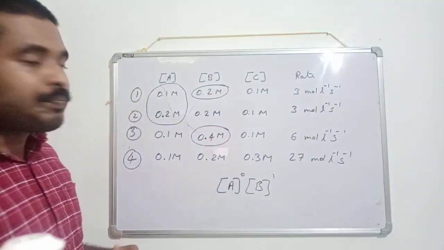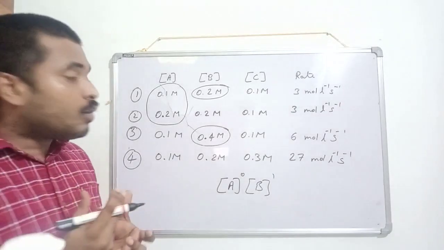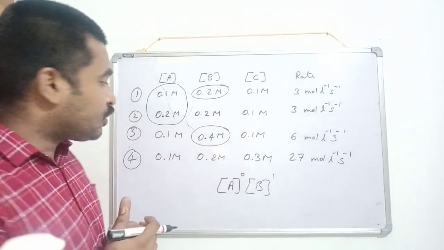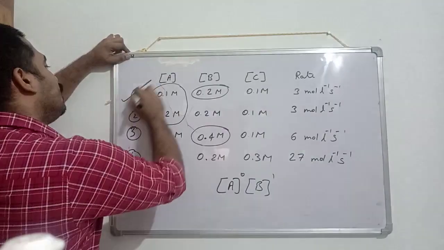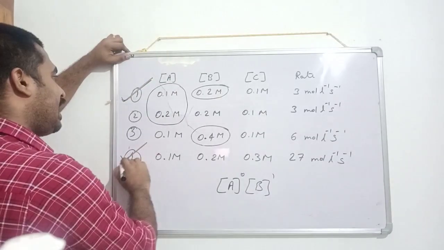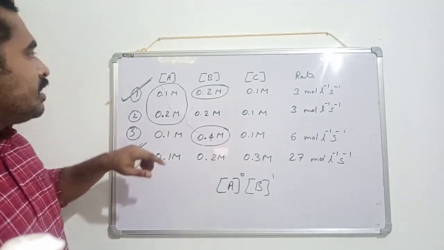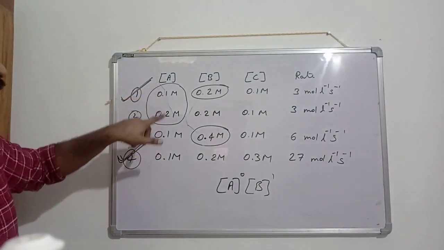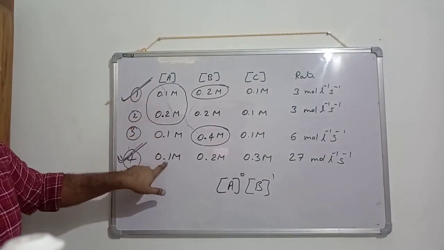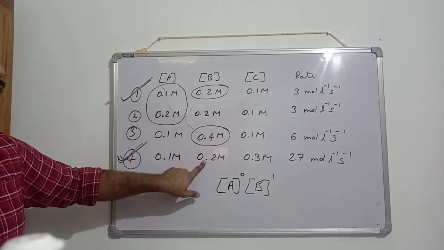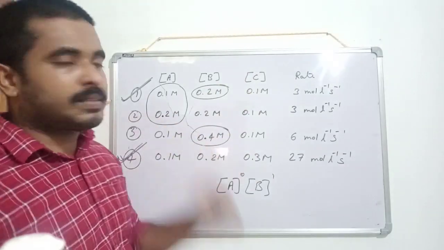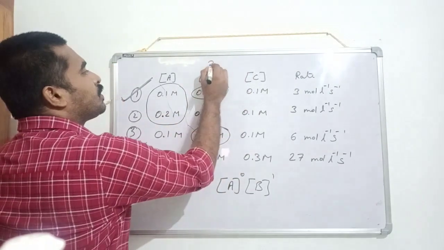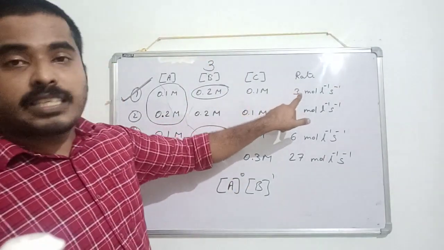Now let's find out the influence of concentration of C. For that we need to analyze first row and last row. Am I right? Because in first row and last row concentration of A no change, concentration of B no change, concentration of C is increasing by 3 times. What about rate?